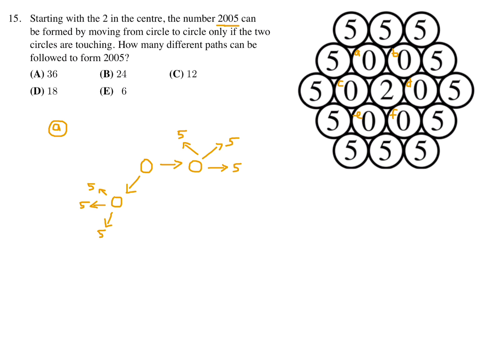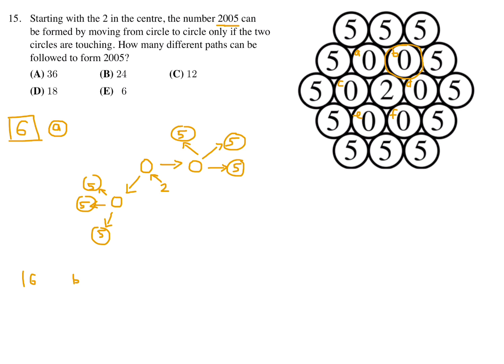So how many different paths did I get, starting with that original 2, which was here? I got 1, 2, 3, 4, 5, 6. So for letter A, 6 paths. Now the good news in this question is that if you do the exact same scenario for B, you will get 6 paths.